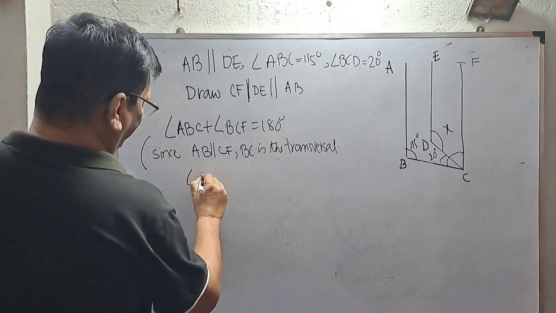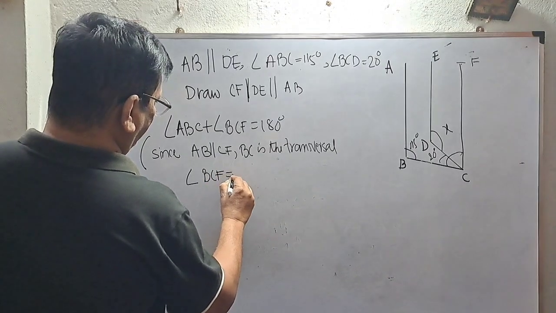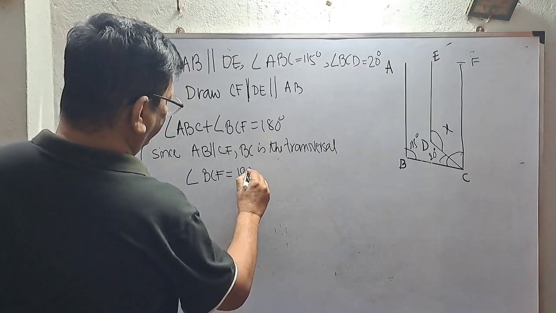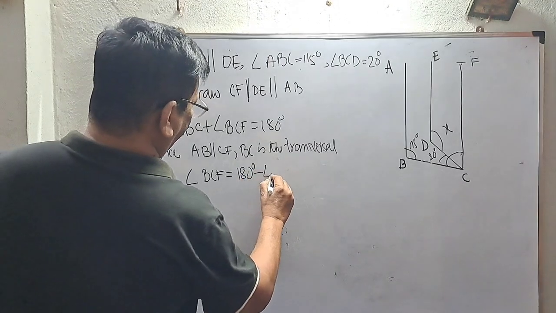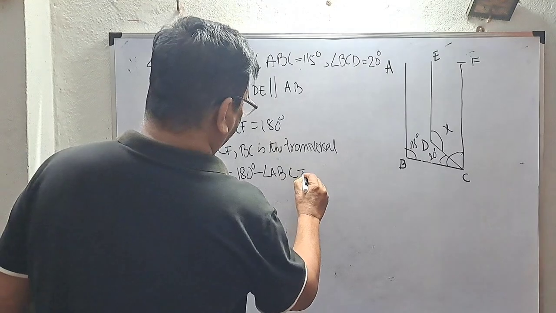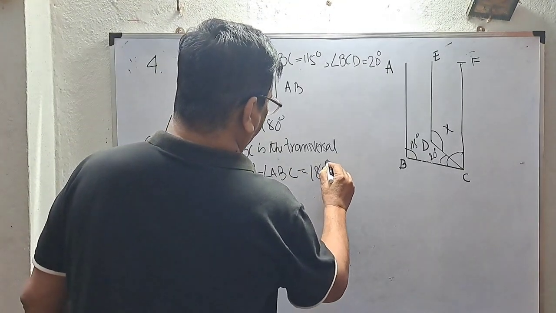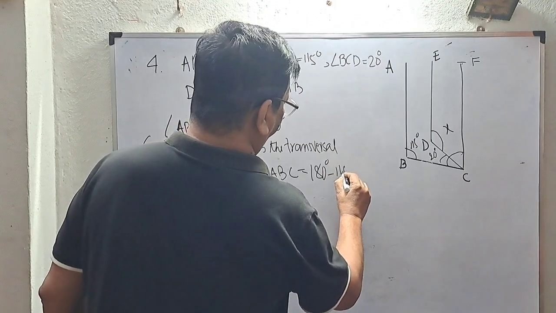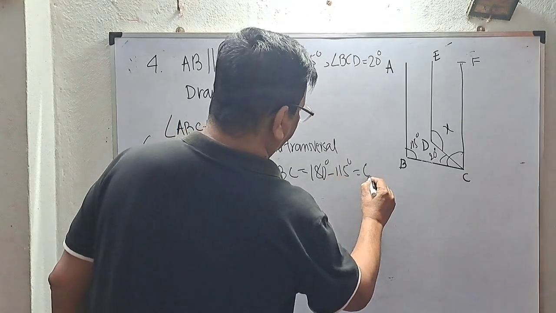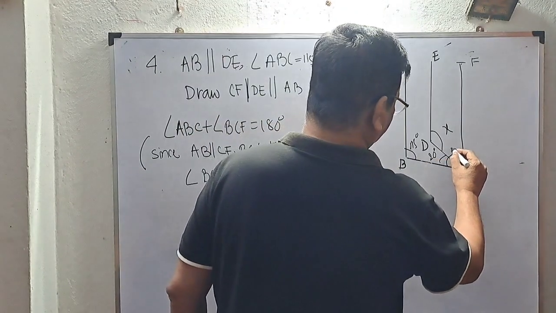Therefore, angle BCF is equal to 180 degree minus angle ABC. We replace the value of angle ABC, we get 180 minus 115, that is equal to 65 degree. So we get this angle as 65 degree.